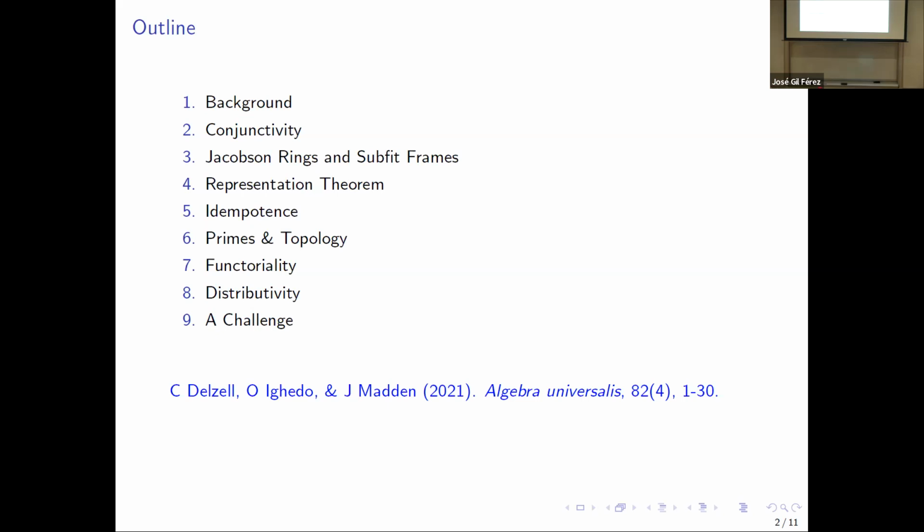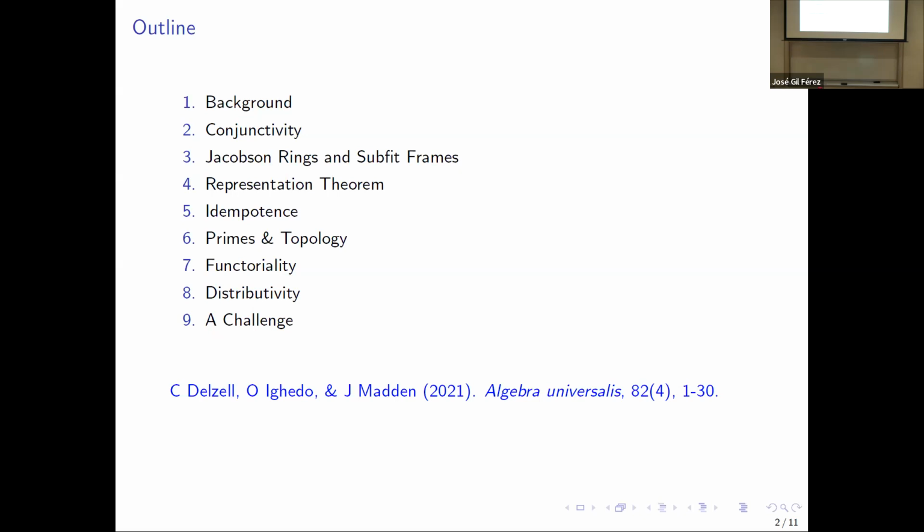Here's a summary. There are just 9 slides in the talk, but they tend to be crowded. I'll talk about some background, give the definition of conjunctivity, and its connection to some topics in mathematics that are surely of interest, probably.